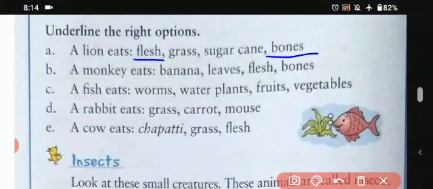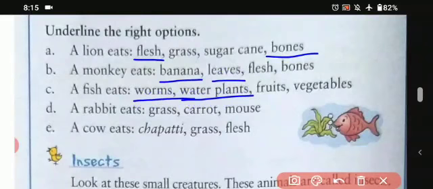And the B one is the monkey. What does a monkey eat? A monkey eats banana and leaves. He doesn't eat flesh and bone. And the other one is fish. What does a fish eat? It eats water plants and worms which live in water.